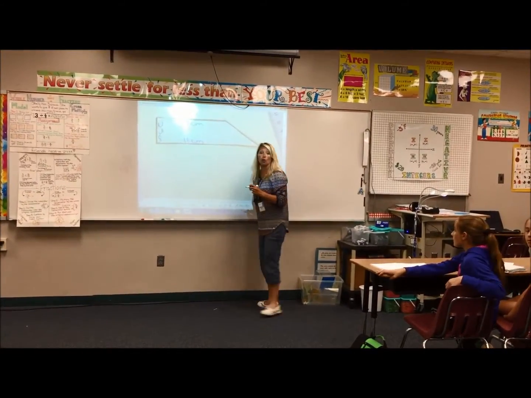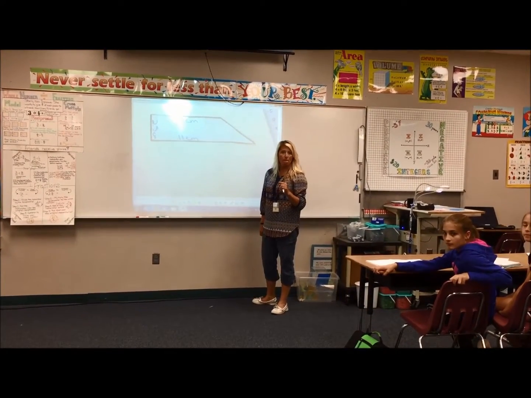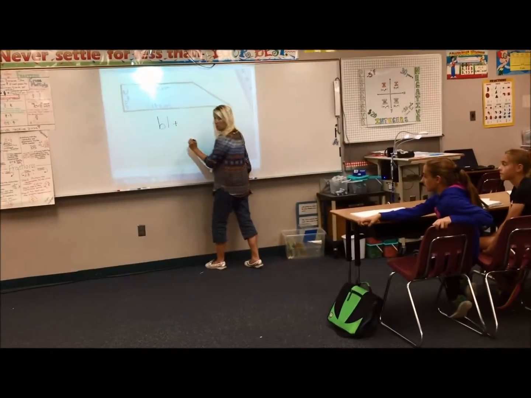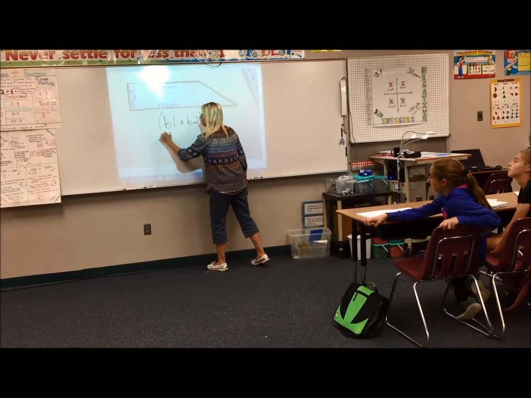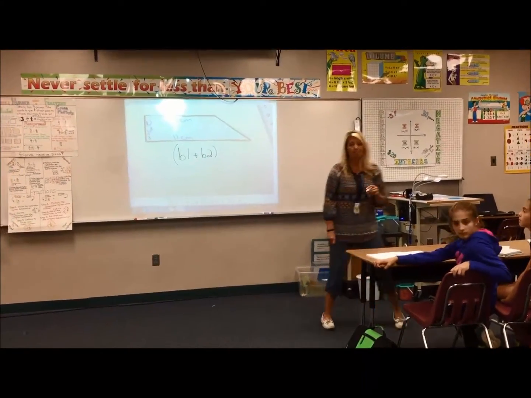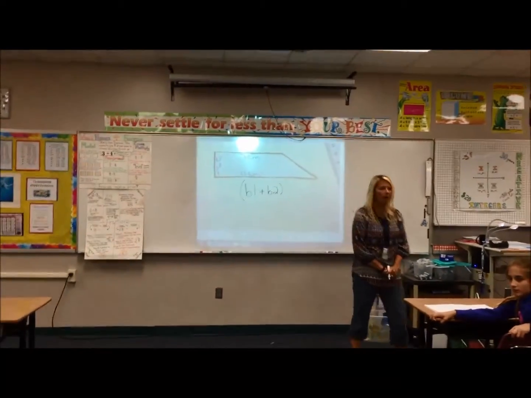So what do we want to call those? Base 1, plus base 2. What are we going to do with those? Divided by 2. We have to take them times something first. Times a half. No, try again. Someone help him out.